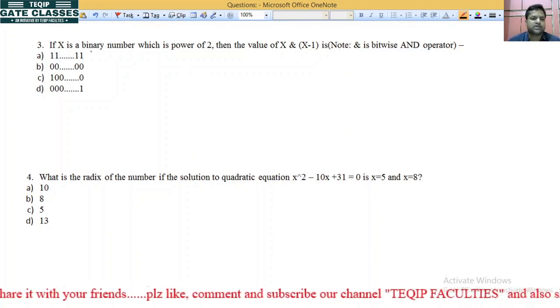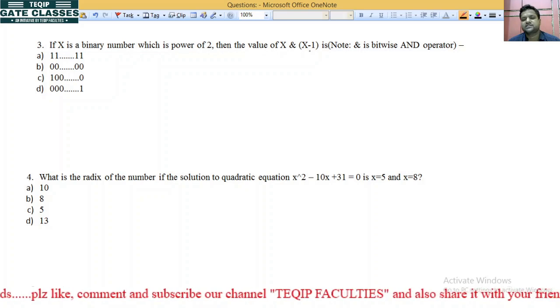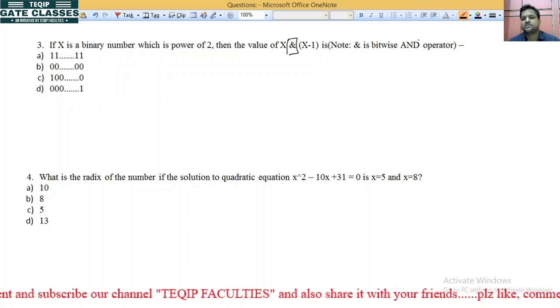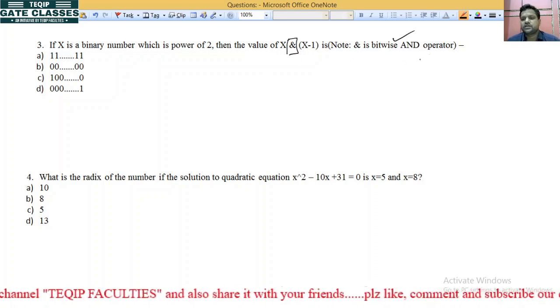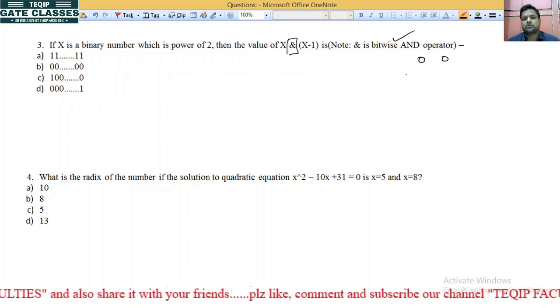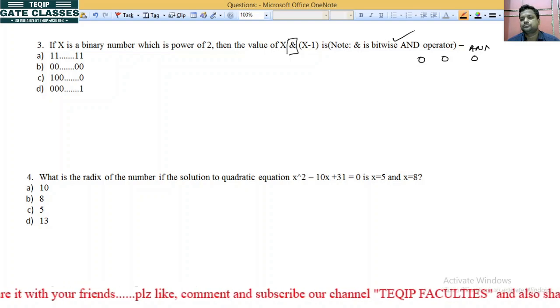Now the third question is, if x is a binary number which is a power of 2, then what is the value of x AND x minus 1? It is bitwise AND, I already mentioned here. In AND, if both values are 0, then output will be 0.